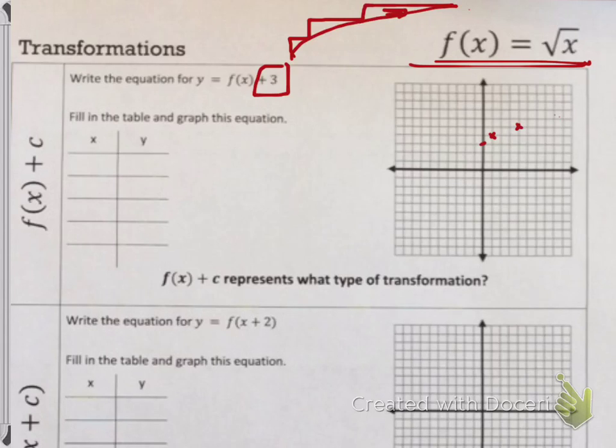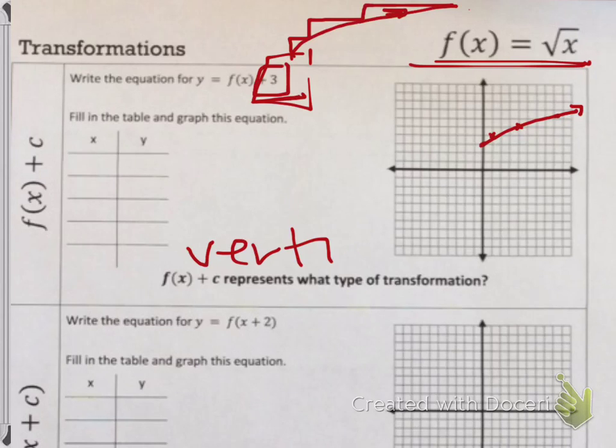If I wanted to keep going, I would go 7 next, and then 9. 1, 3, 5, 7, 9 for my pattern. So this is actually what the graph of my square root function would look like if I add the plus 3 on the back.